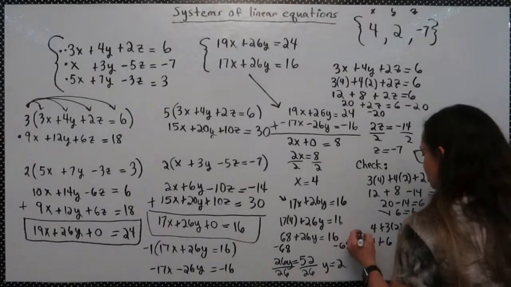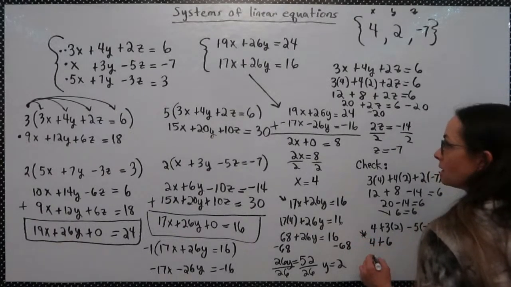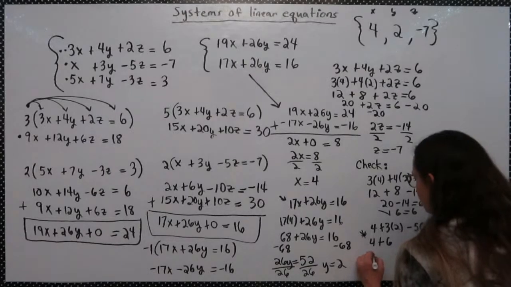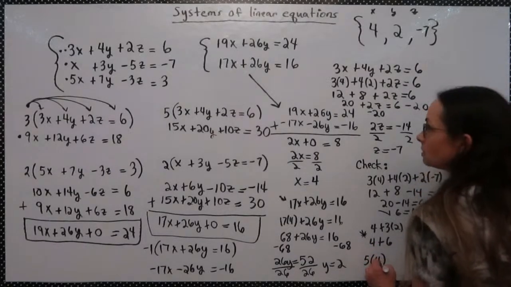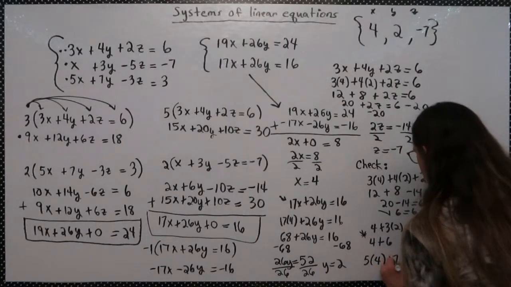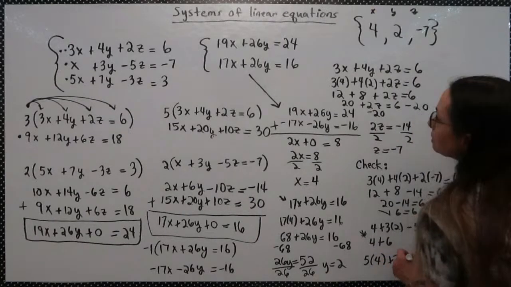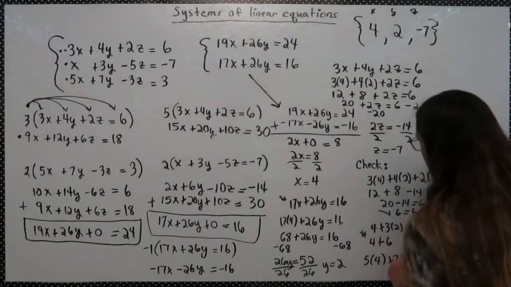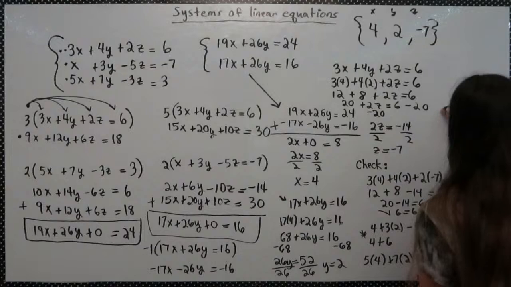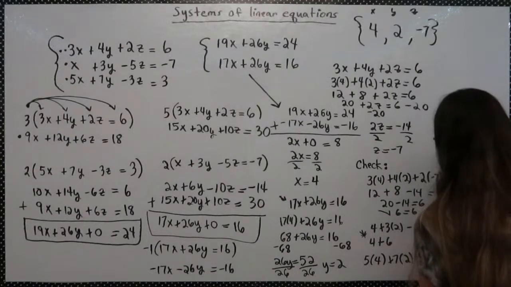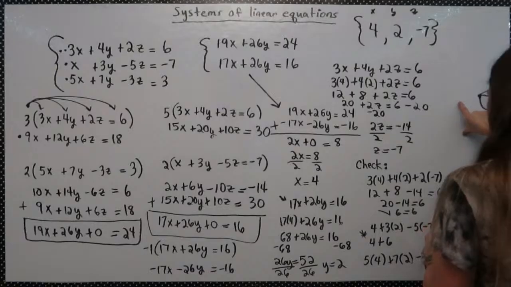Okay, this one's a to be continued, and we'll start it. Okay, so we've got 5 times 4 plus 7 times 2 and minus 3 times a negative 7 equals 3.